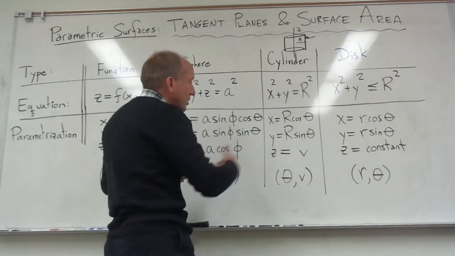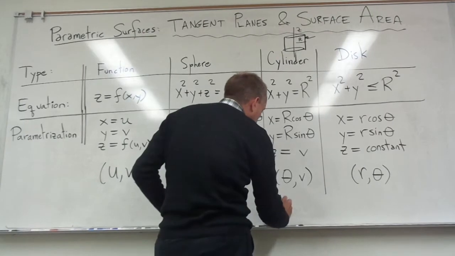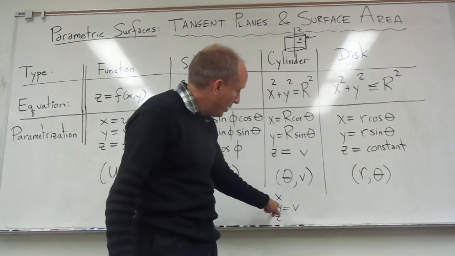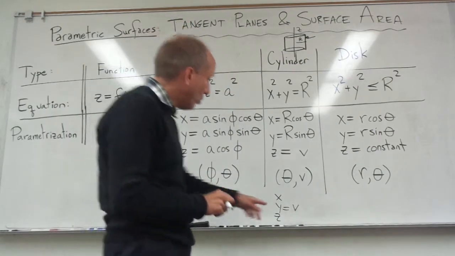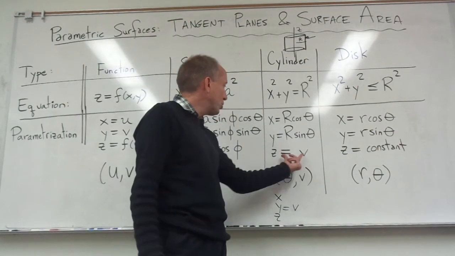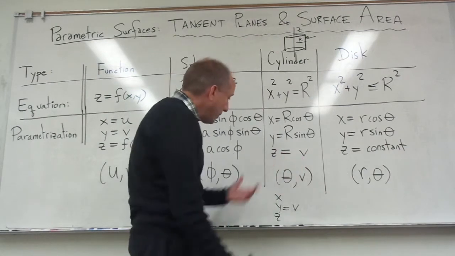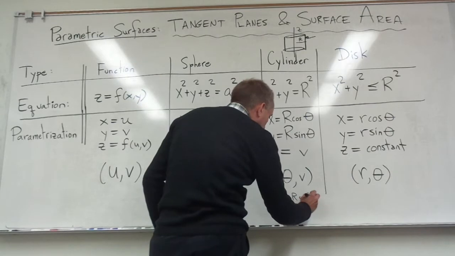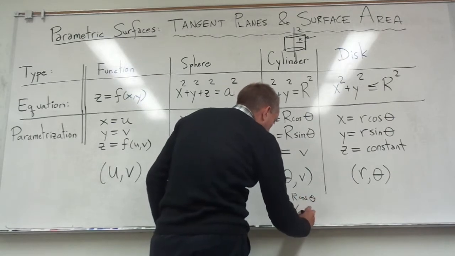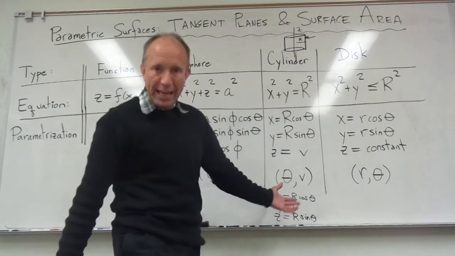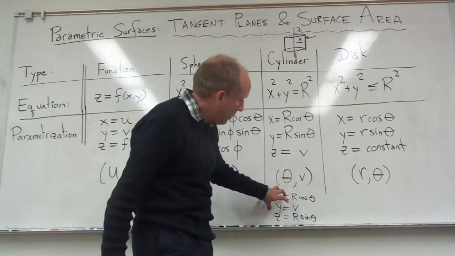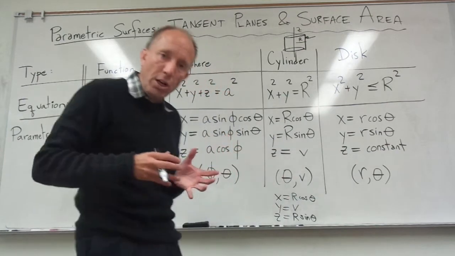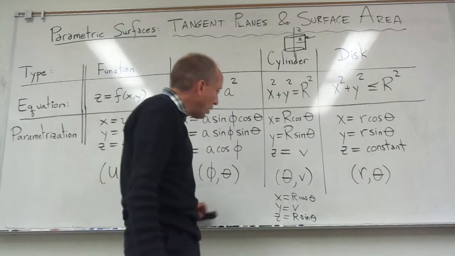For example, if the cylinder is oriented along the y-axis instead of the z-axis, then the y variable has to take the role of the v, which was what z was before. And then you would simply build your sort of r and theta equations around the other two variables again. Okay, so you could do an altered parameterization if your cylinder was oriented along a different axis.